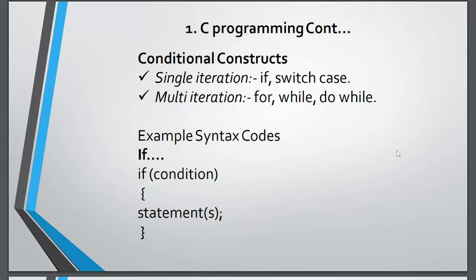Now let's look at a simple syntax of a single iteration construct. We have the if and in brackets a condition. If the condition is met, a statement is executed. A statement is executed if the condition is true. If it is false, the program terminates.